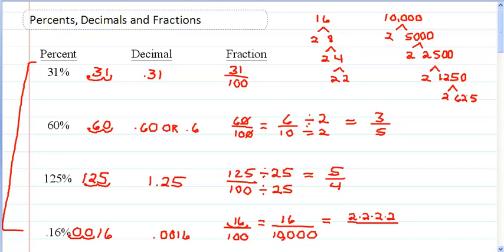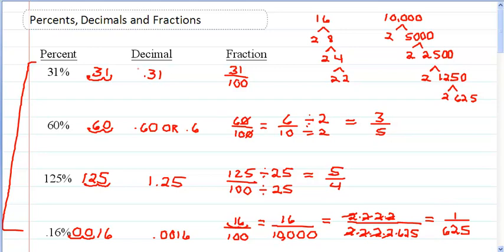I could keep going with the 625, but since I have 4 2's, I'm actually going to stop here because each of the 2's in the denominator will cancel with all of the 2's in the numerator, so that I'm left with 1 over 625. If you kept going with the prime factorization of 625, you would just have to multiply them together again at the end, and you would end up with 625 anyway.